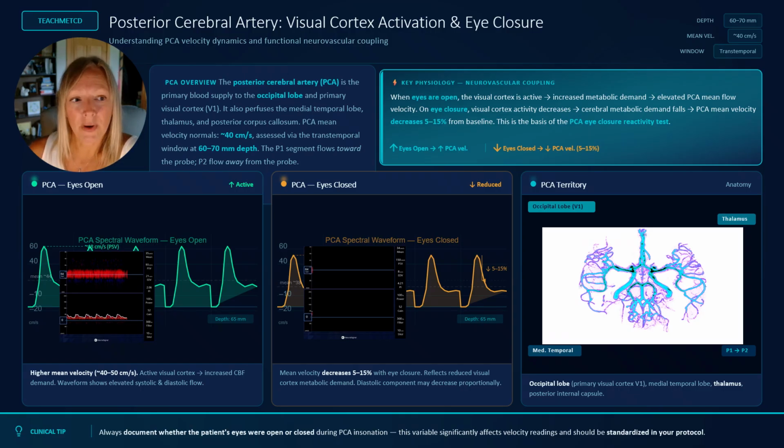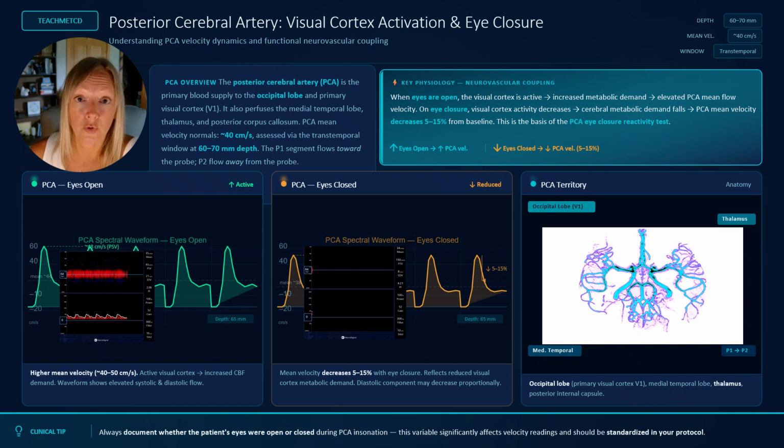One other reminder to include in case you need another way to identify if you're accurately in your posterior cerebral artery versus your middle cerebral artery. When a patient closes their eyes, the mean velocity will decrease in the posterior cerebral artery. This is because the posterior cerebral artery supplies blood flow to the occipital lobe.